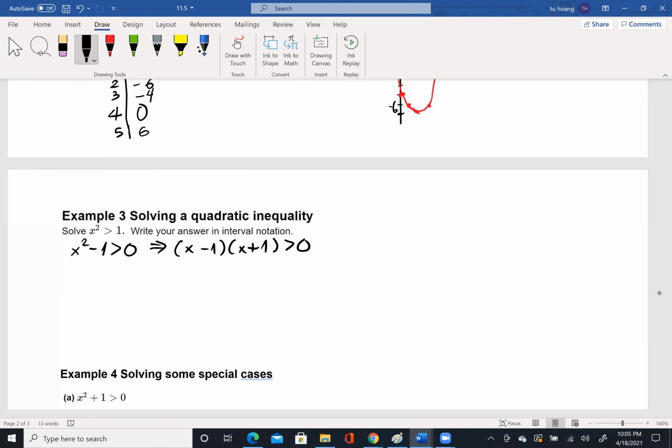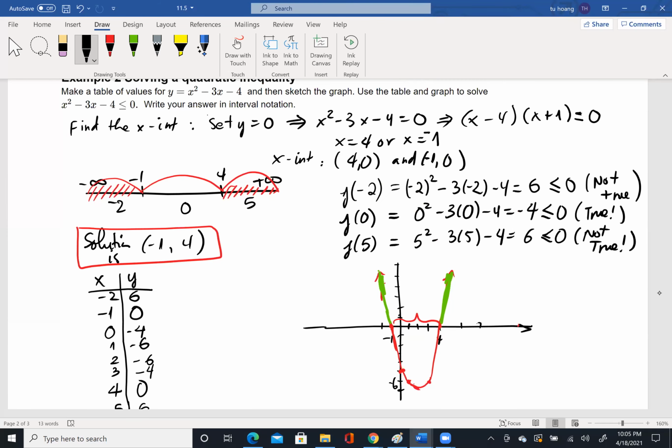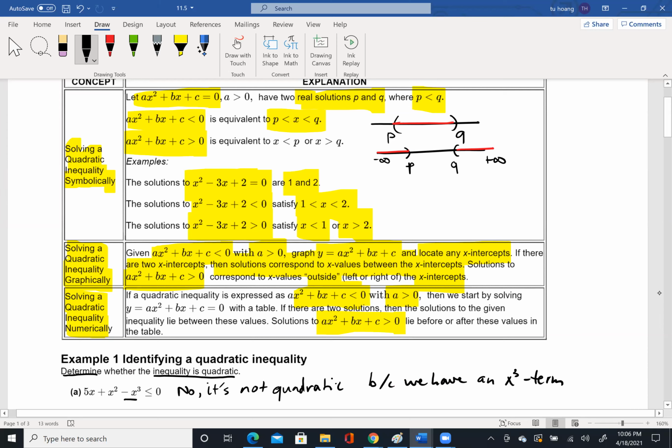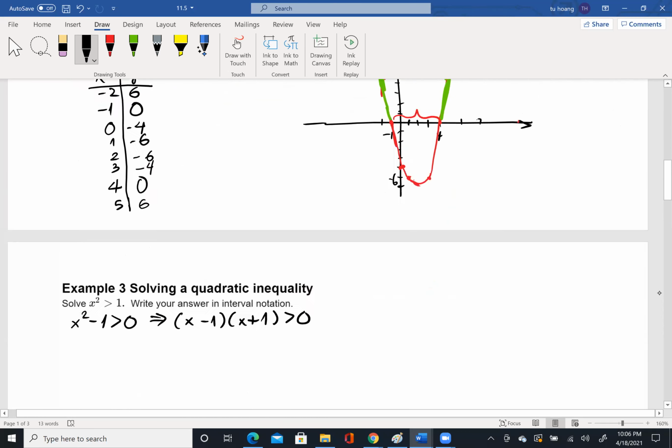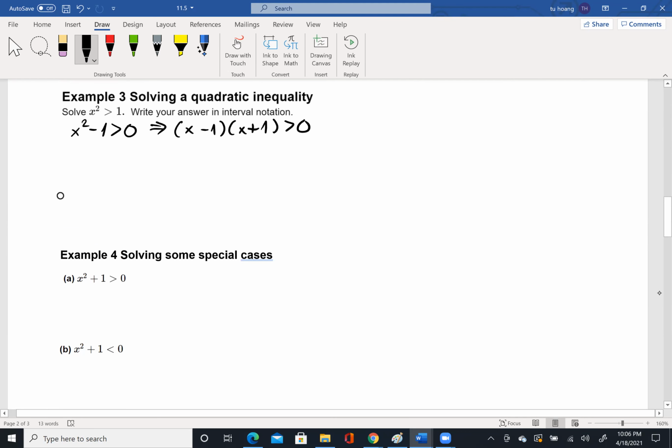Now, in order to solve this inequality, you can go by symbolically or graphically or even numerically. That's fine. But anyway, let's go symbolically here.